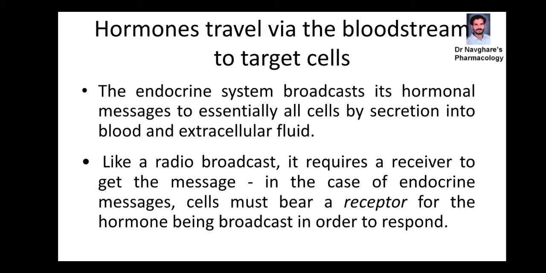In the case of an endocrine message, the cell must bear a receptor for the hormone being broadcast in order to respond. Means in this case, the target cell possesses a particular type of receptor for each and every type of hormone. That hormone is supposed to bind to its target receptor to produce the desired biological effect.